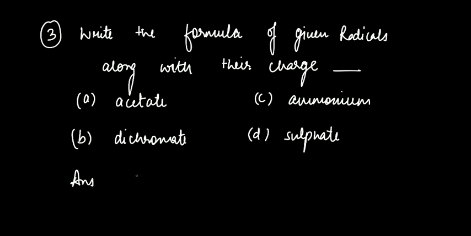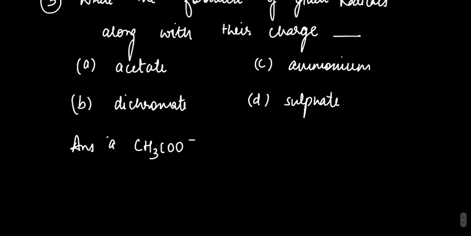Formula of the given radicals along with the charge. Acetate is CH3COO minus. You can remember it from acetic acid, whose IUPAC name is ethanoic acid, which we write as CH3COOH. So it's our acetate radical. Then dichromate: chromium is there, and Di stands for two chromium atoms. It's an ATE suffix, so definitely oxygen is there.